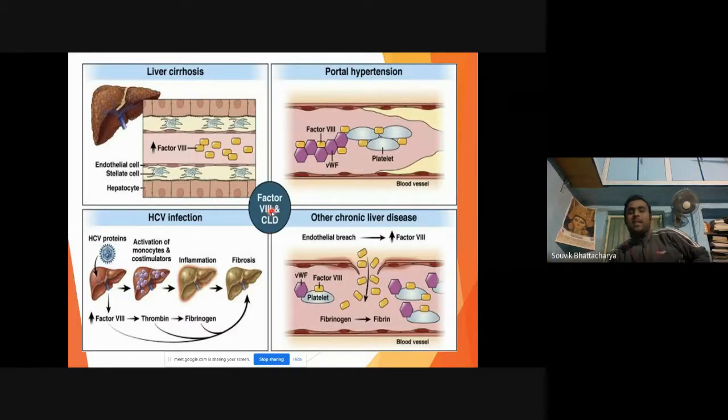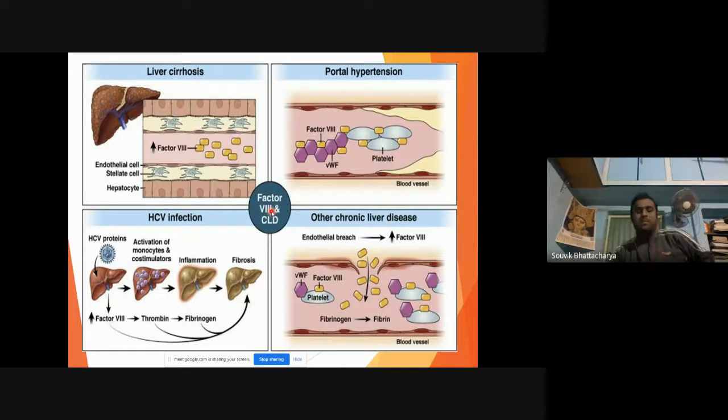Factor 8 is synthesized in the liver, but in the endothelial cells of the liver, whereas the other factors are synthesized directly in the upper layer of the liver with the help of vitamin K. That's why the main concern is that factor 8 is not hampered in liver disease, whereas the other factors are reduced. That's all from my side.